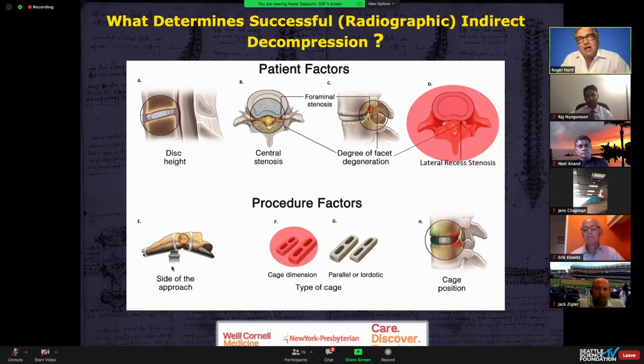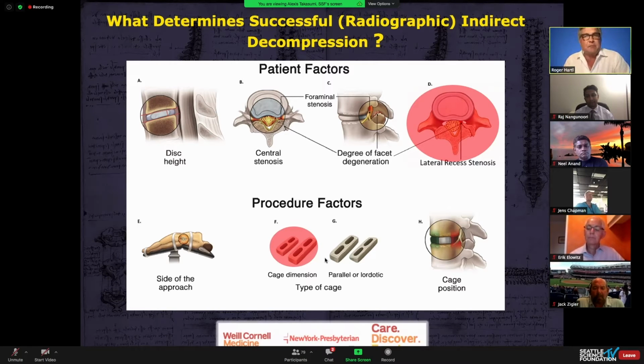And what we've worked on and what we've published, and other groups, of course, as well, is that the presence of severe lateral recess stenosis can be an indicator that indirect decompression may not be successful. On the other hand, though, an indicator that indirect decompression will be successful is using wider cages, not necessarily the tallest cage, but wider cages.